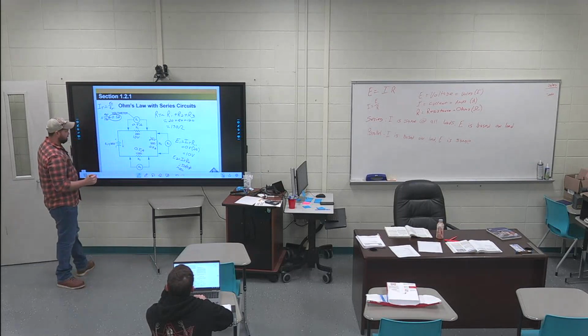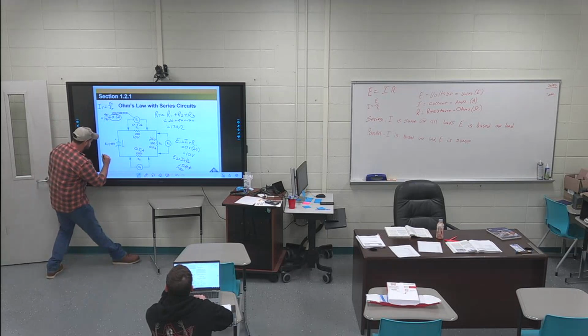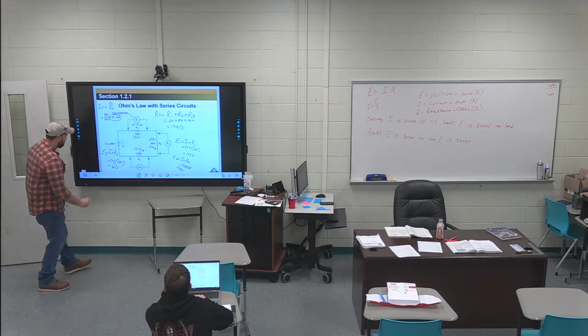So good? This is what I don't want y'all to do, is get messy like I do. E3 is equal to I total times R3, 0.5 times 120 is 60 volts.